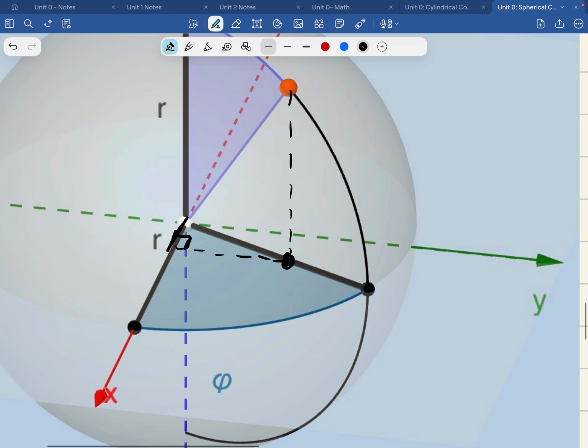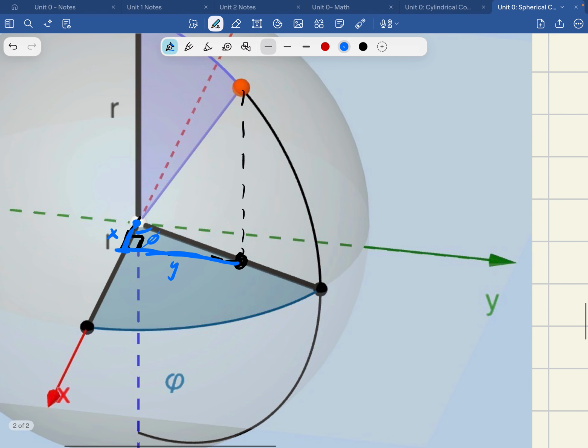Let me zoom in a little bit. The x coordinate goes from the origin to here. So that's going to tell me my x coordinate. And then my y coordinate goes along here. So here's x and here's y. And this angle in here is phi. And this angle is theta.